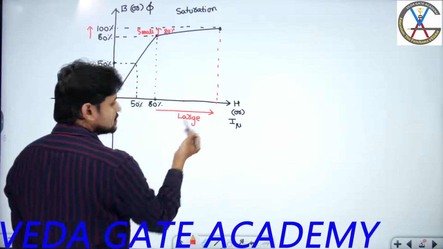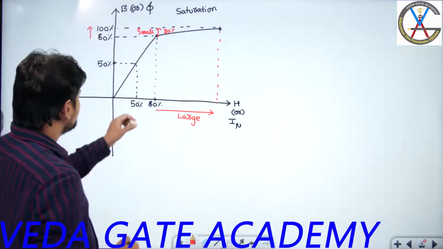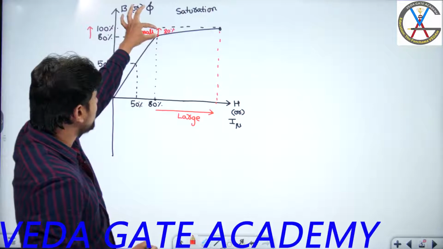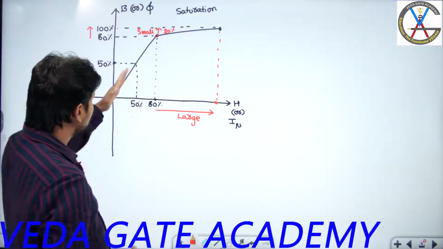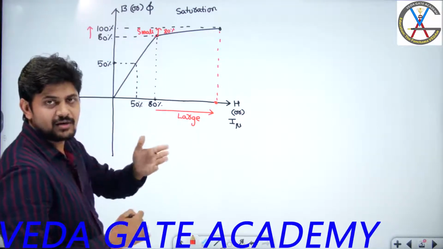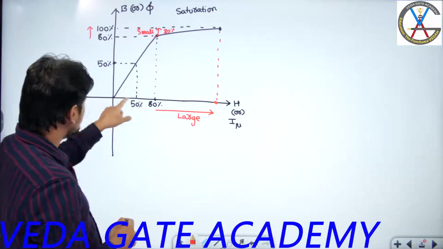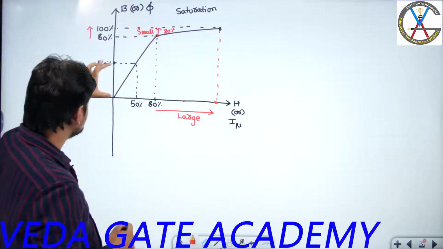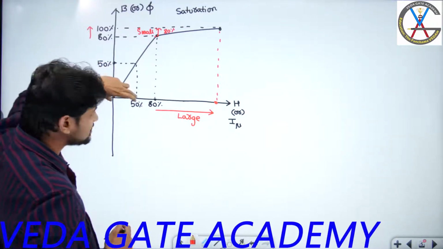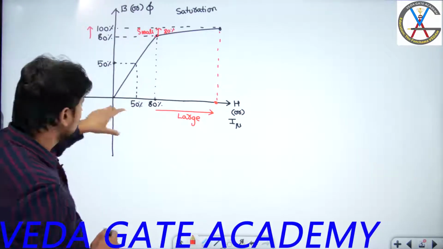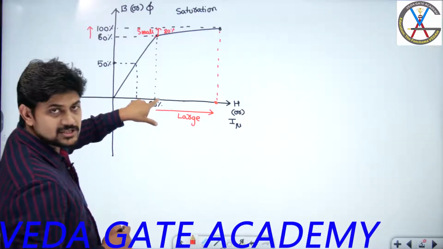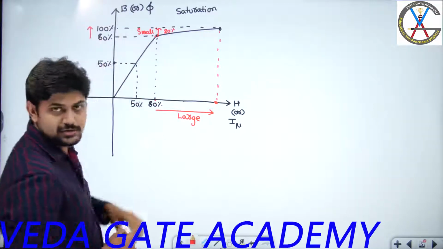Obviously it is large. Yes or no? Obviously this difference is small, whereas this difference is large. Are you following? So in the linear region, they follow in a linear fashion. If I increase the magnetizing current by 50%, the flux production is also 50%. If the magnetizing current is increased by 80%, flux production is also 80%.